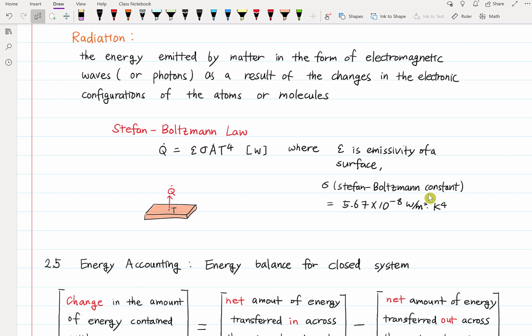Sigma is the Stefan-Boltzmann constant, and emissivity is the radiation property ranging between 0 and 1. Radiation emits in all directions, and all matter above 0 Kelvin emits radiation. So our body emits radiation, the wall in your room, your desk, everything above 0 Kelvin emits thermal radiation.